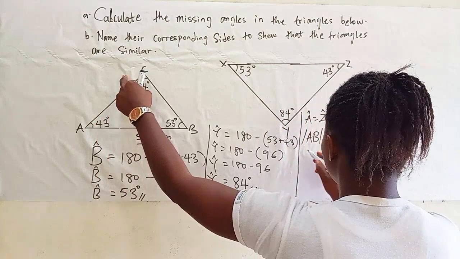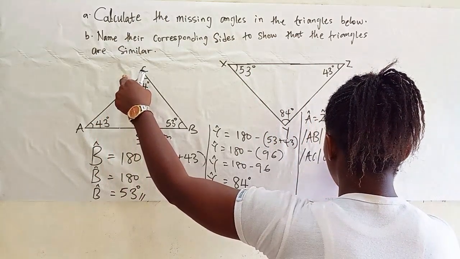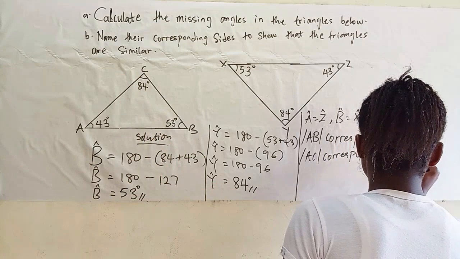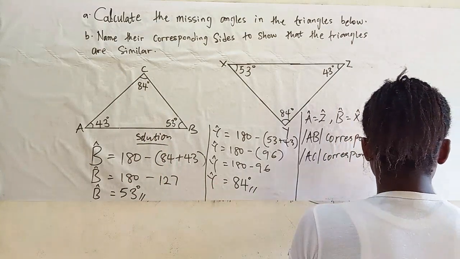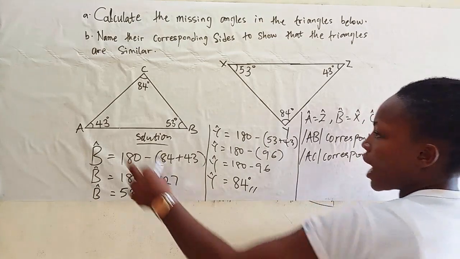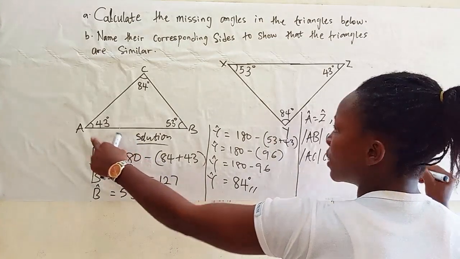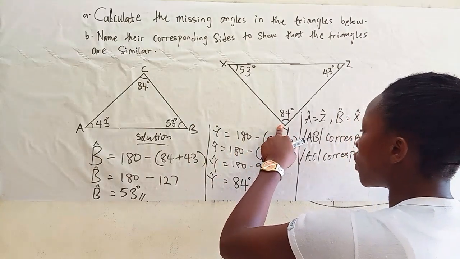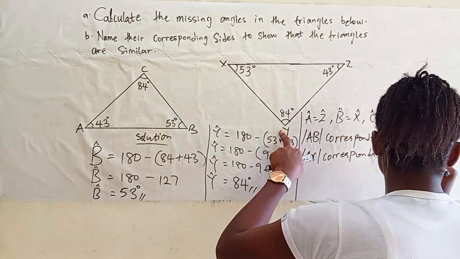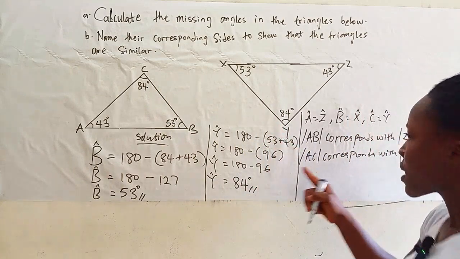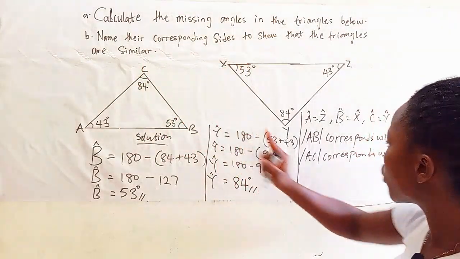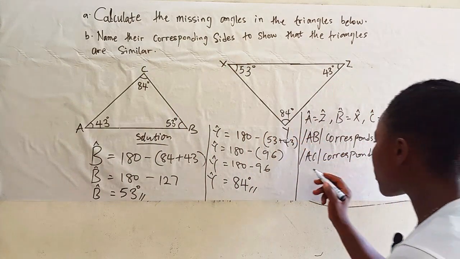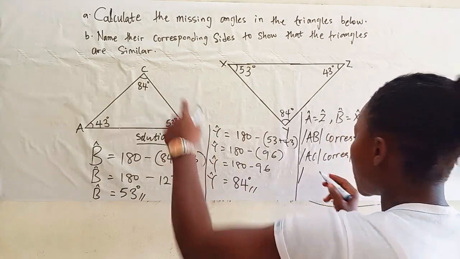Then side AC corresponds with, our A is still our Z. Then our angle C is 84, while our angle Y is 84. That means our C is our Y. Alright? Side AC corresponds with side ZY.